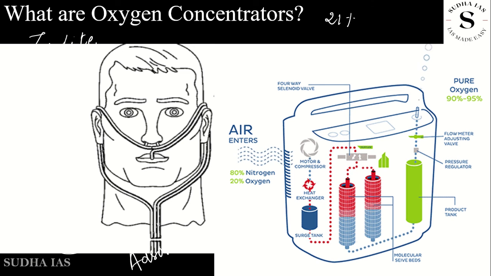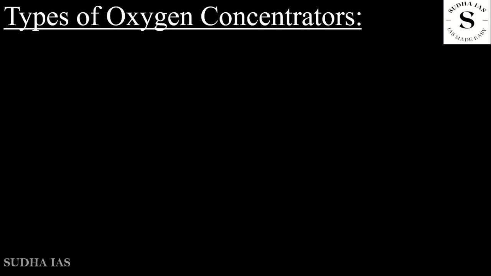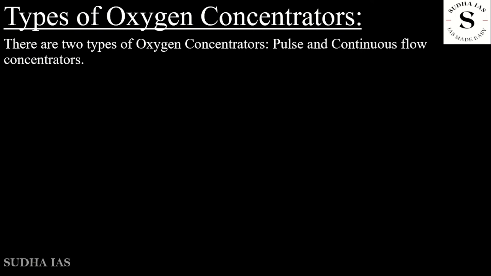In some cases, at least theoretically, more than 90% oxygen should be possible to be supplied using an oxygen concentrator. But practically, in most of the oxygen concentrators available across the world, it should be around 80 to 90%.